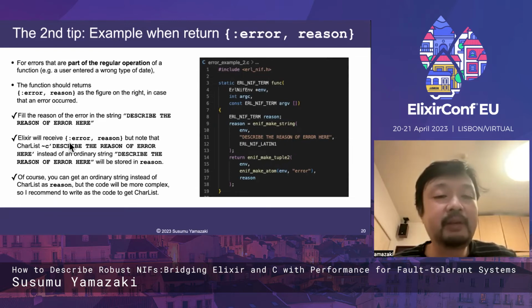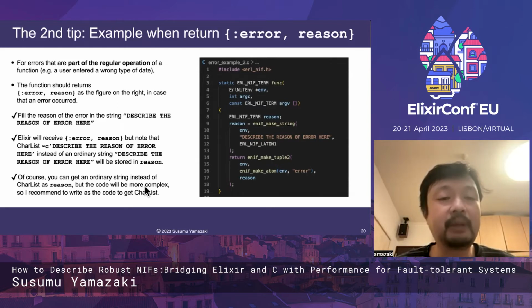Elixir will receive :error and reason, but note that a char list describes the reason of error here instead of an ordinary string, and will be stored in reason. Of course, you can get an ordinary string instead of a char list as a reason, but the code will be more complex, so I recommend writing the code to get a char list.